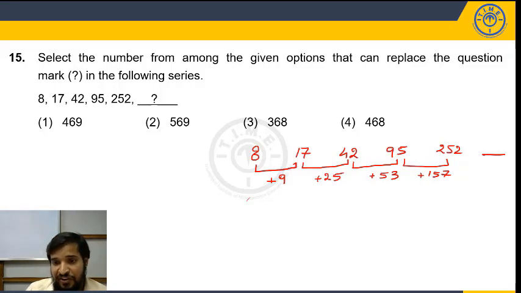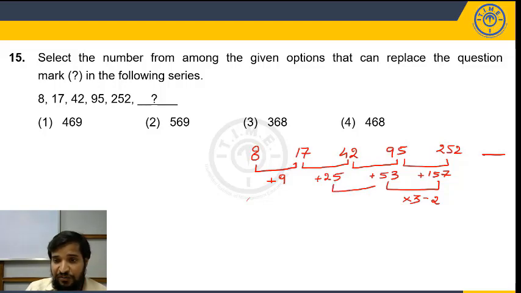Not a perfect square, perfect cube. No, those are not the direct numbers. If you observe 53 to 157, roughly 3 times. 53 3s are 159. How much do we have to deduct? 2. So 53 3s are 159 minus 2 is 157. Yes, done.